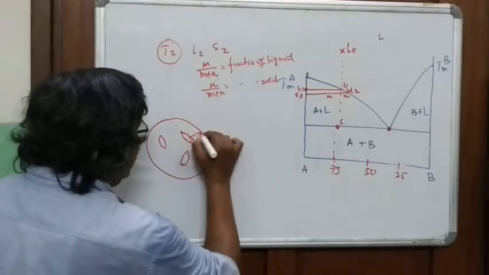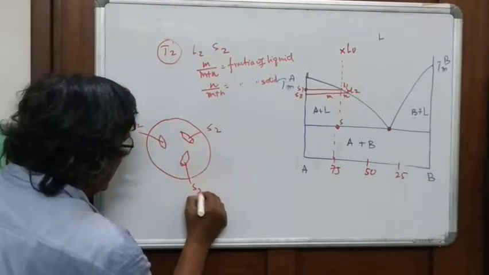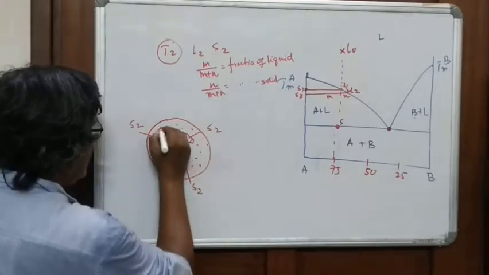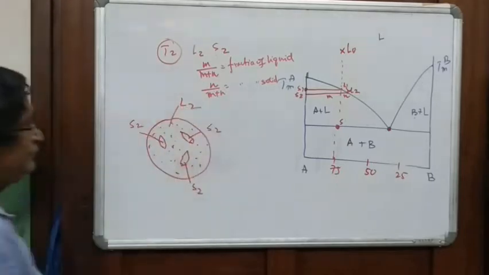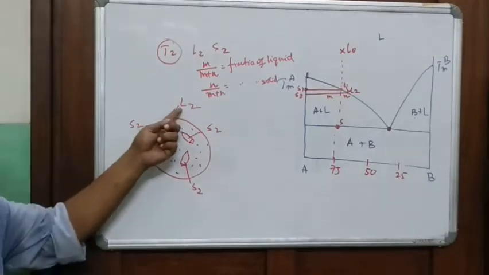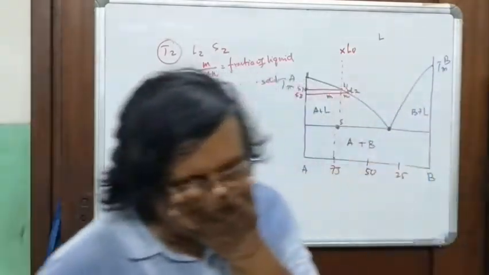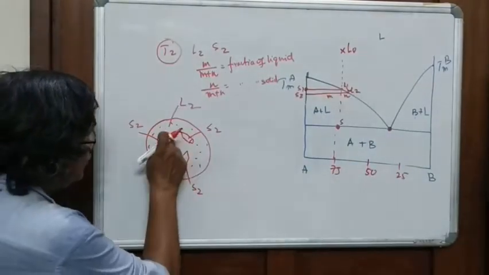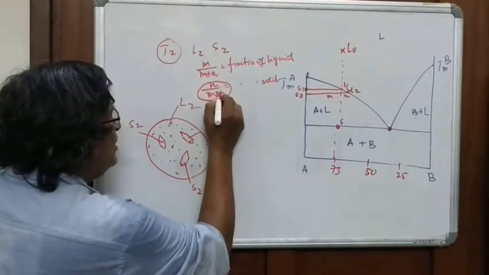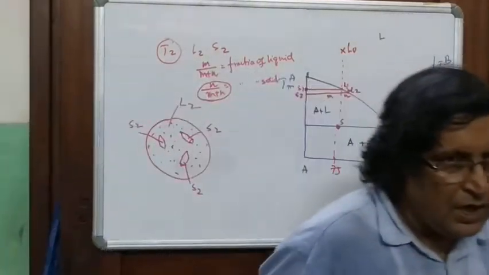These are, let's say, crystals of S2, and this is liquid L2. This is what we will see. What is the proportion of S2? N divided by M plus N should be the fraction of S2 in the total melt.